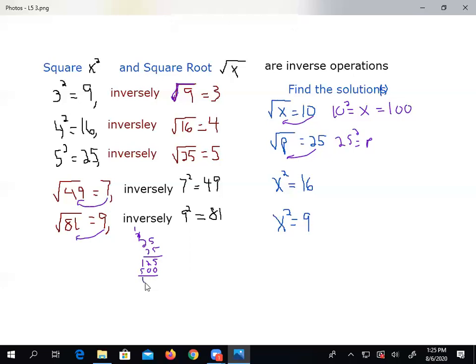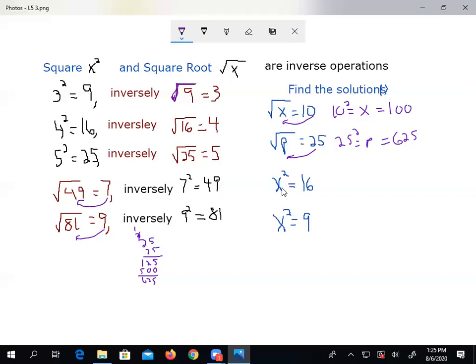So if I add that all together, that's going to be 625. So that means the answer to the problem would be 625, because the square root of 625 is going to give me 25, because 25 squared gave me 625.